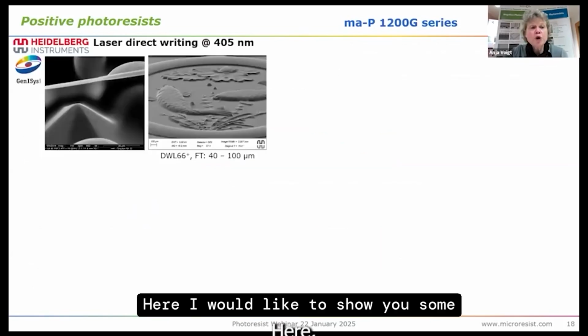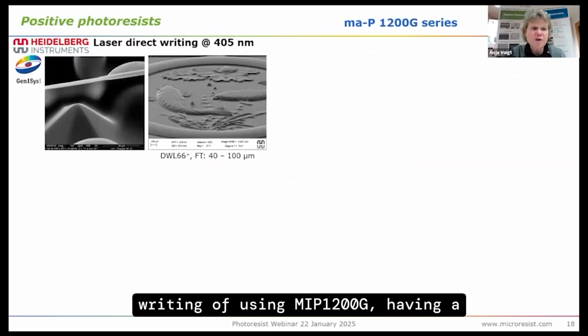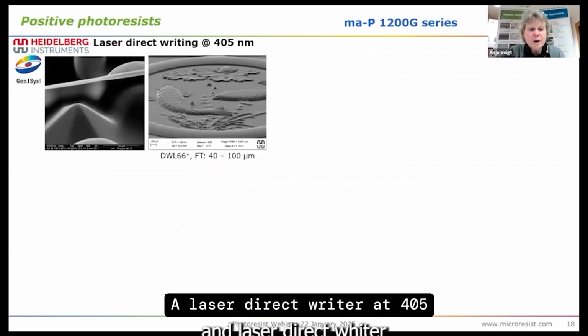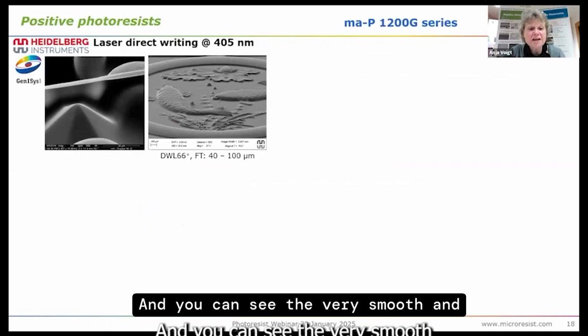Here I would like to show you some examples generated by laser direct writing using MRP 1200G, having a resist thickness of about 50 to 100 micrometer. A laser direct writer at 405 nanometer was used, and you can see the very smooth and well-defined grayscale levels.